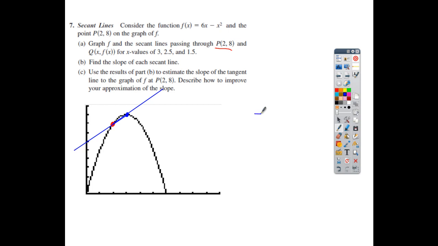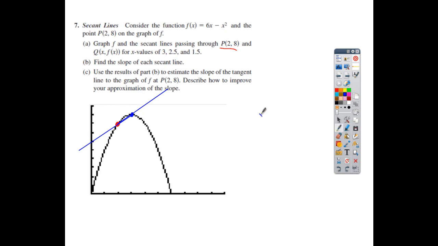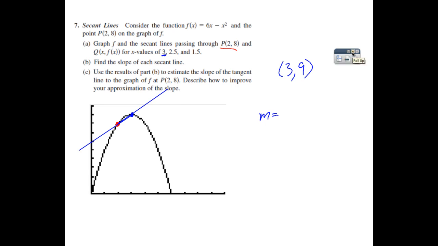Slope is equal to, since I'm using this point for x, point 3, and if I plug 3 into f of x, I have 18 minus 9, which is 9. Then my change in y is 9 minus 8, or 1, divided by 3 minus 2, which is also 1. So the slope there is 1.